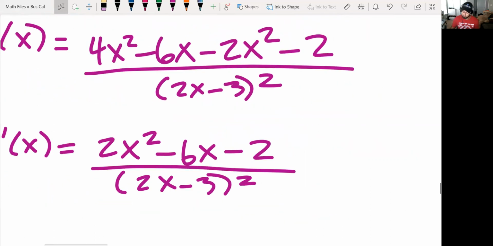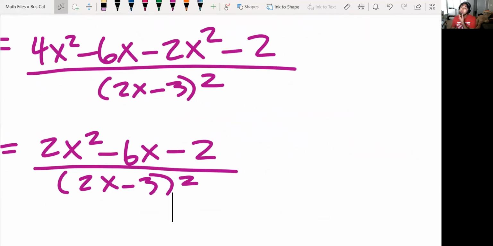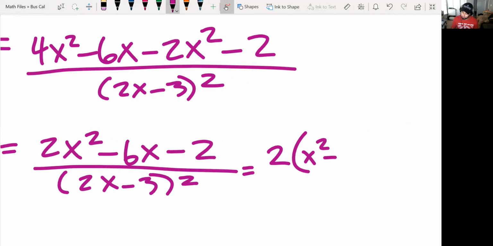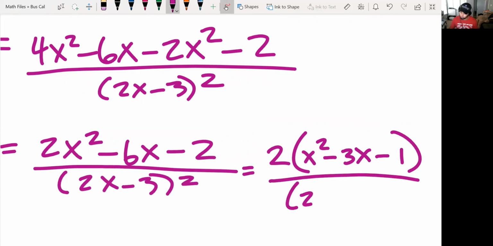Now, this could be done, but we also notice that in the numerator there is a greatest common factor of 2. So if I take that out, I get 2 times x squared minus 3x minus 1 over 2x minus 3 squared.